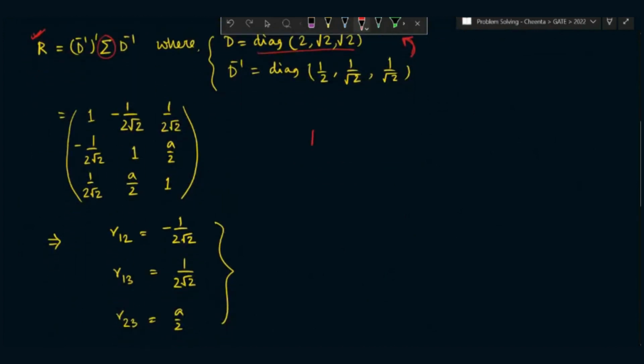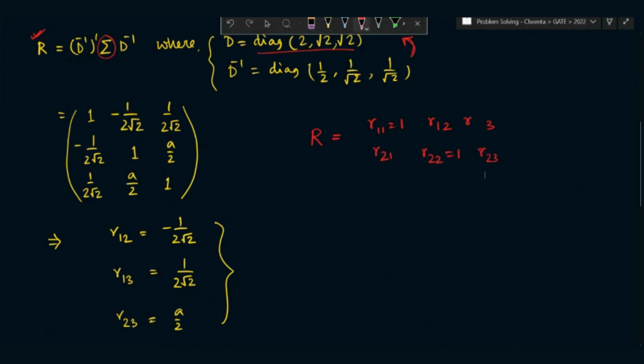Now R can be written as R11, which is 1, then R12, the correlation between x1 and x2. This is the correlation between x2 and x3. This is again R21, the correlation between x2 and x1. They both are the same. Now this is R22, which is again 1, and this is R23.